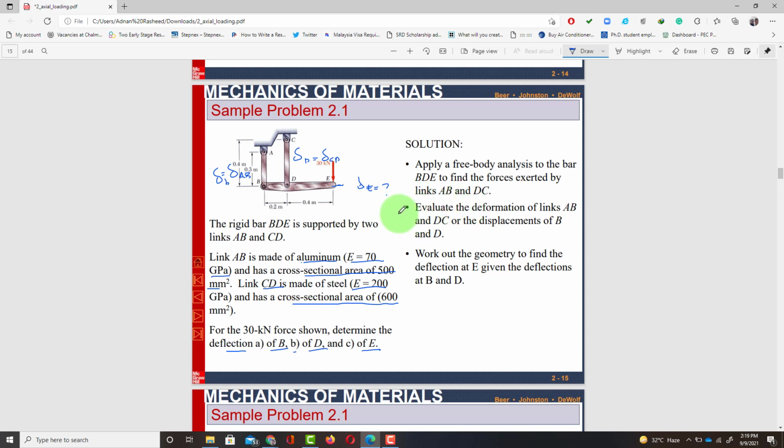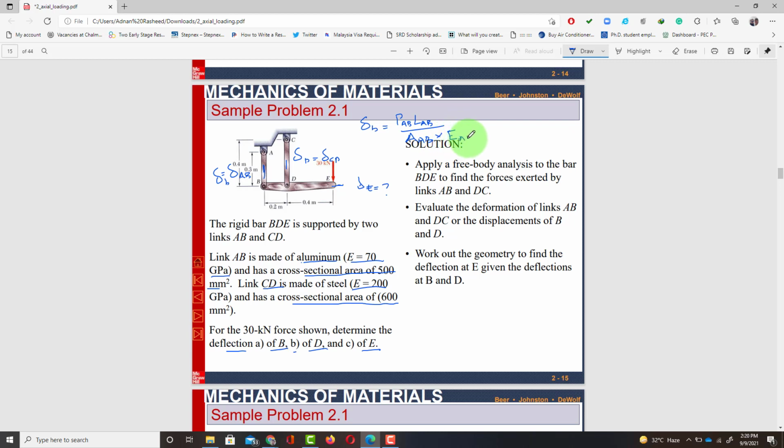For that, we must know the forces available in these links, because delta B will be equal to P_AB times L_AB divided by A_AB times E_AB.